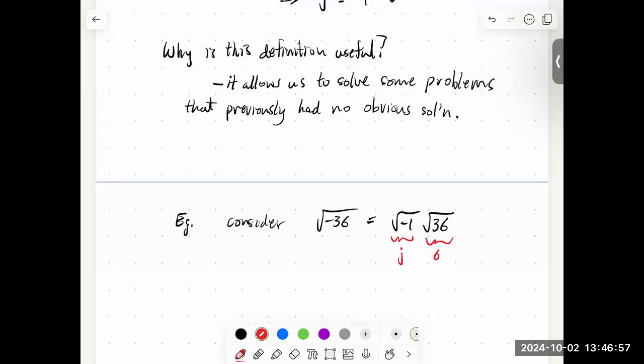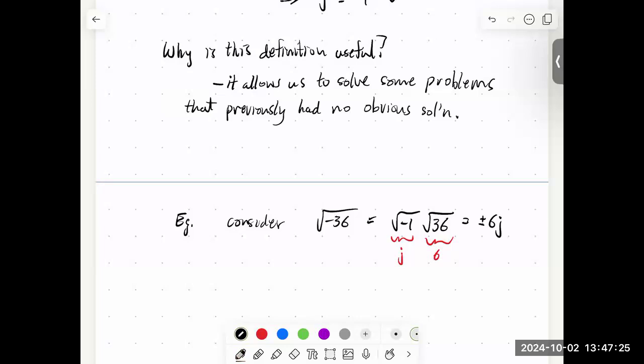And so the square root of -36 just turns out to be 6 times j. In fact, it could be plus or minus. So you could put plus or minus on either one of those things. Okay, and then if you square it, the plus or minus 6 becomes 36. The j squared becomes -1. You recover your -36. All right.